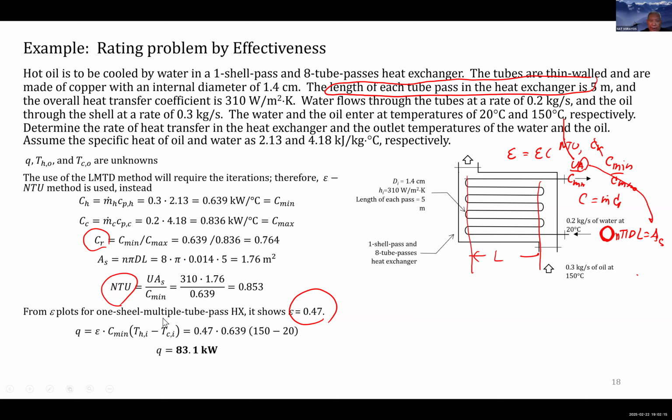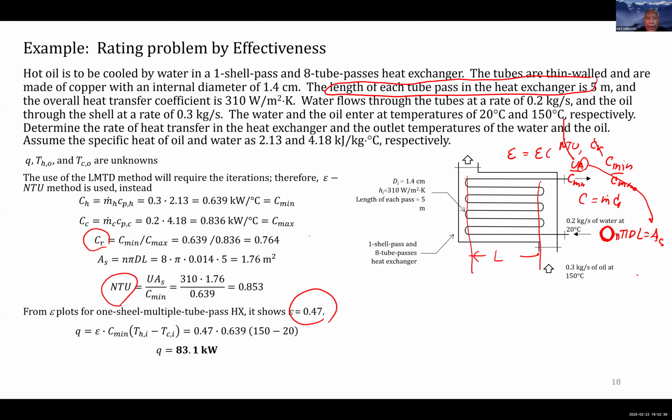You substitute, because you know that the relationship between epsilon and Q is that Q equals epsilon multiplied by C min multiplied by THi minus TCi. This is the equation. Why?